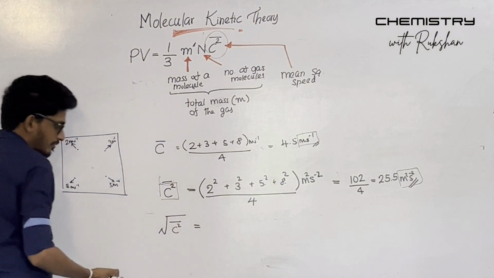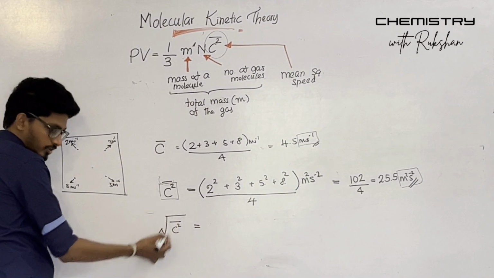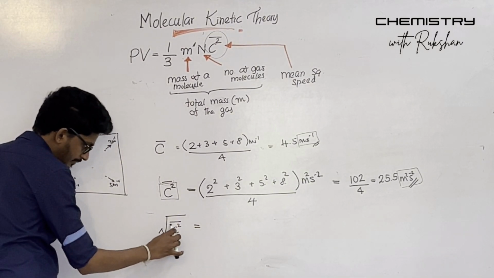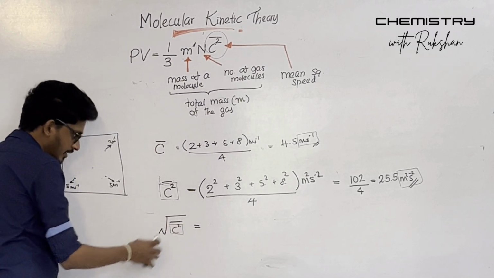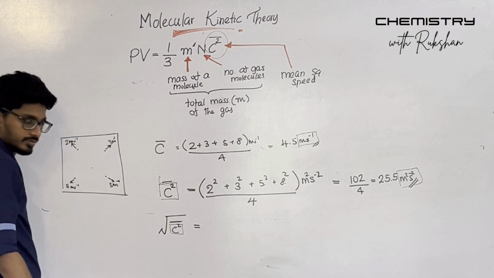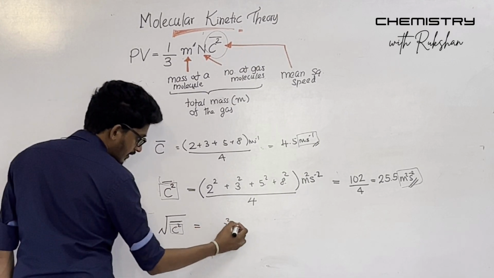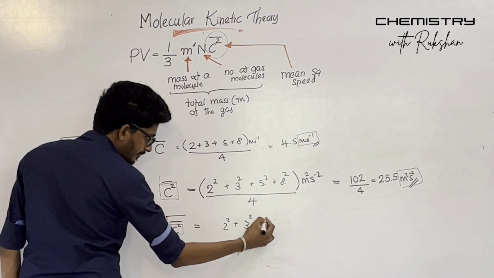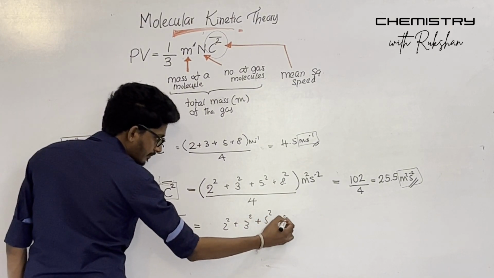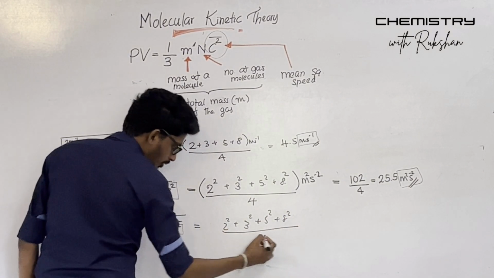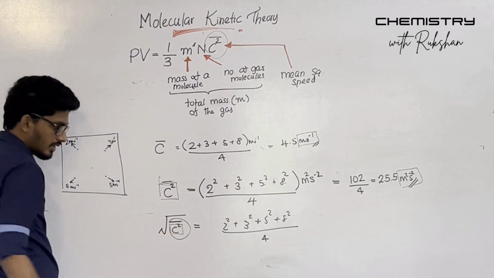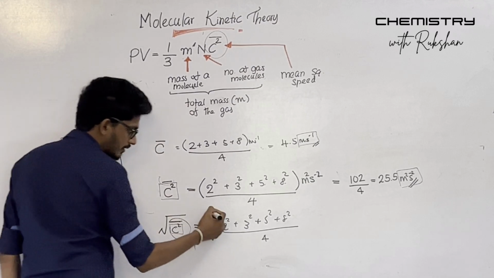First you have to take the square values, then take the average, then the square root. Right? First take the square values like this. Then take the average, divided by 4. Took the average, right? Then the square root.